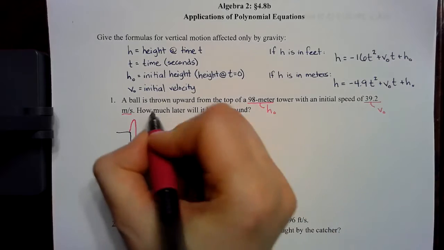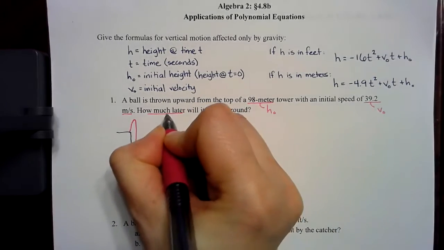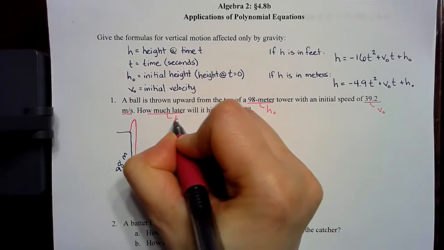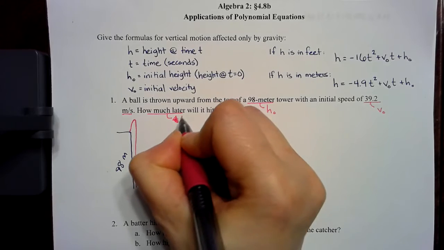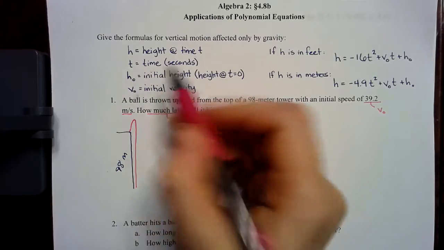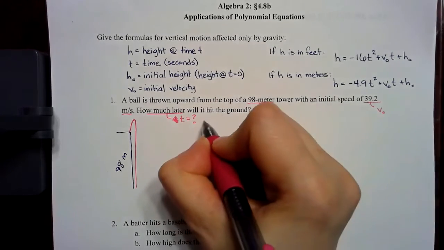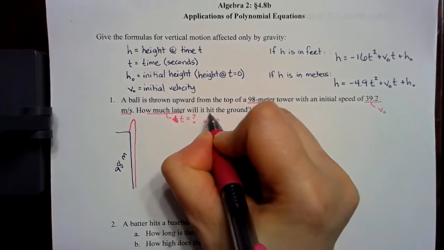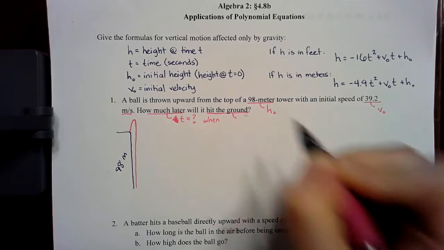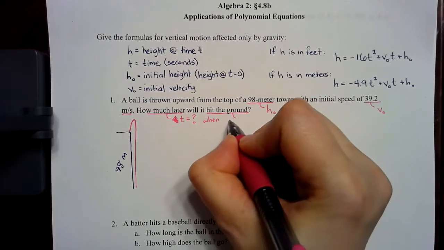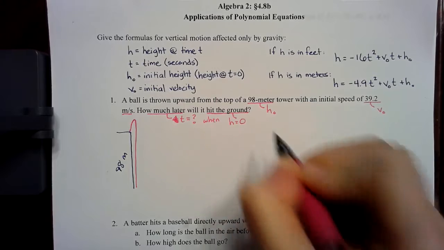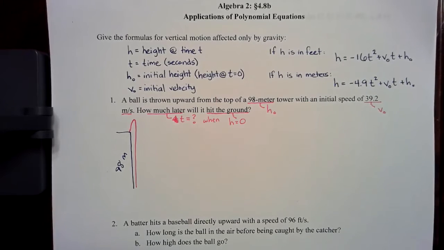How much later means that we're looking for a time value. So time equals question mark. Hitting the ground means that the height is 0.